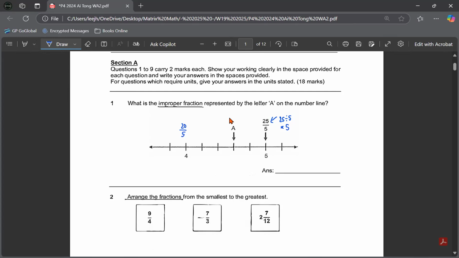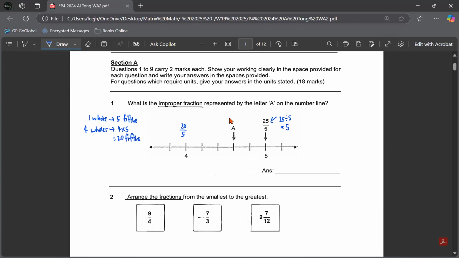Understand? Okay. So actually we can see already 1 whole is 1 over 1. So we know 1 whole is 5 fifths. Over here we have 4 wholes. So 4 wholes will be 4 times 5, 20 fifths.